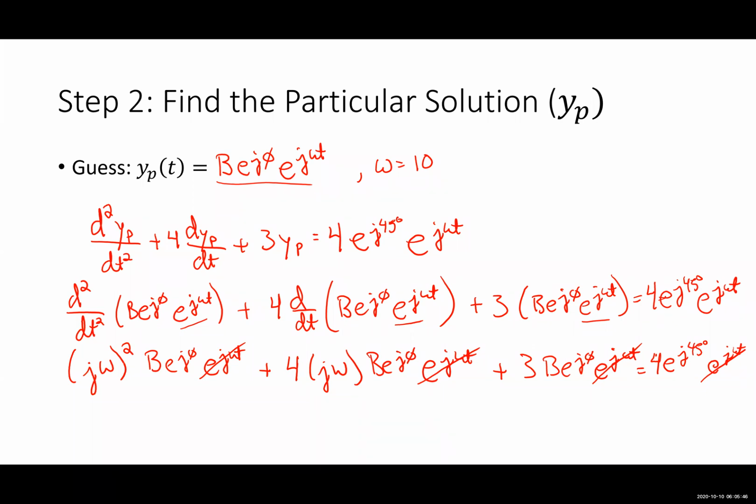Here I have a j omega squared. If you do a j squared, that is the square root of minus 1 times the square root of minus 1. If I have that, you should see that that becomes minus 1.